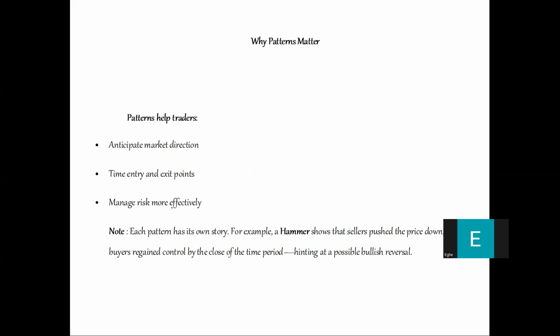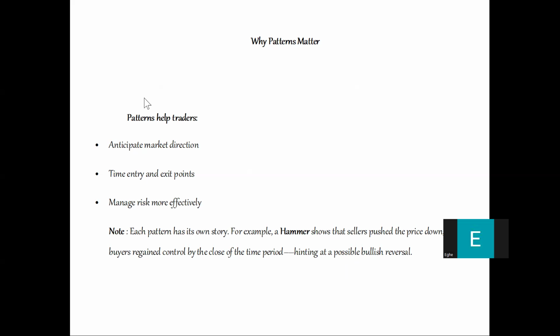For example, a hammer, which you have seen before, is just a candle with a wick below. It shows that sellers pushed the price down, but buyers regained control by the close of the time period, hinting at a possible bullish reversal.